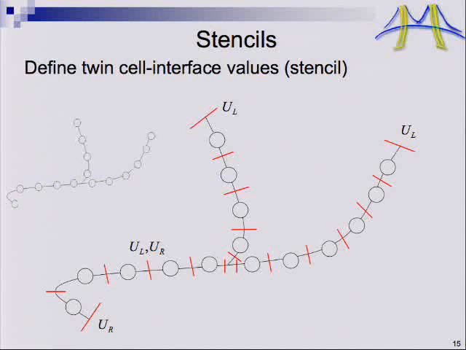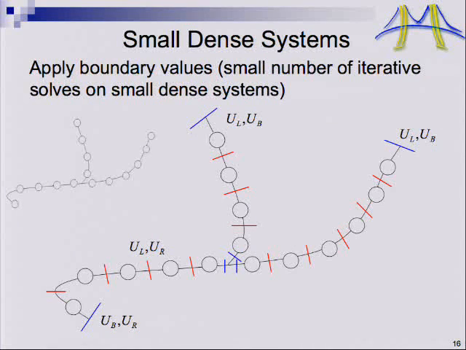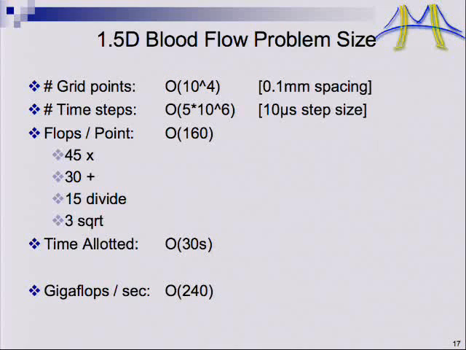So there's lots of these stencil operations, and we've got small dense systems in terms of putting everything together at the different junctions. Each little branch of a vasculature is self-contained, and it just interacts with the other little branches at these blue sections. In terms of the problem size, we have about 10 to the 4 sampling points along those skeletonized models.